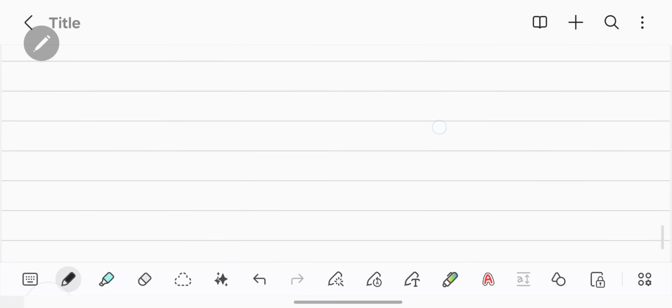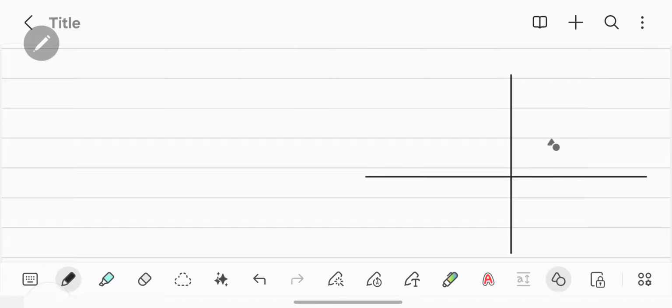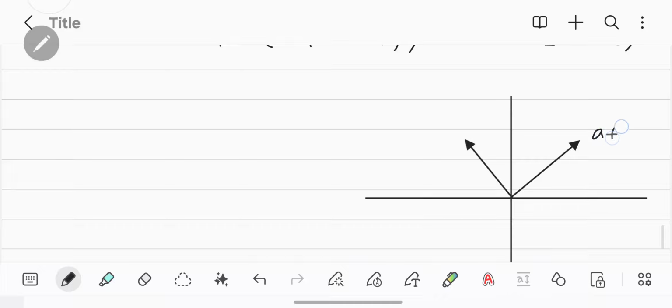You can visualize this in this way. Suppose you are in a complex plane and the first complex number z1 is here, and suppose here is z2. This one is a plus bi, which is z1, and this is c plus di, which is z2.